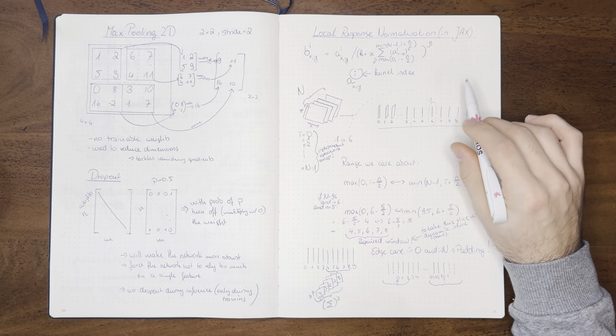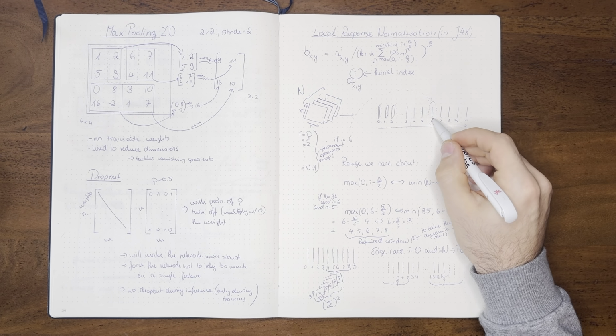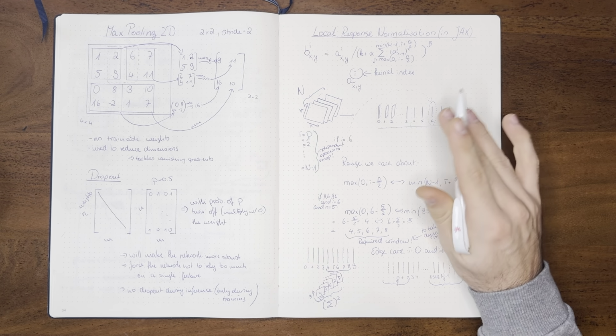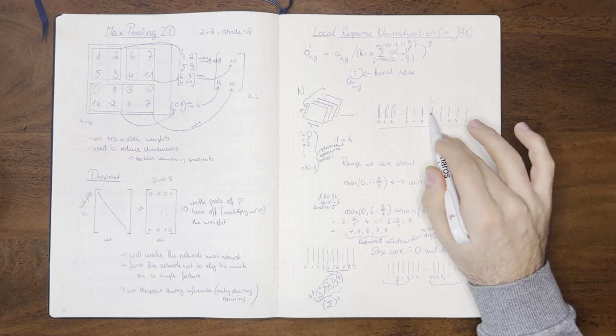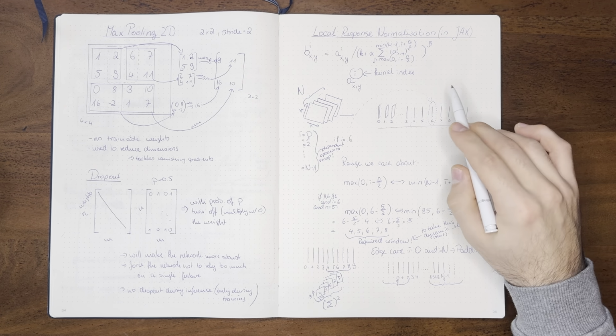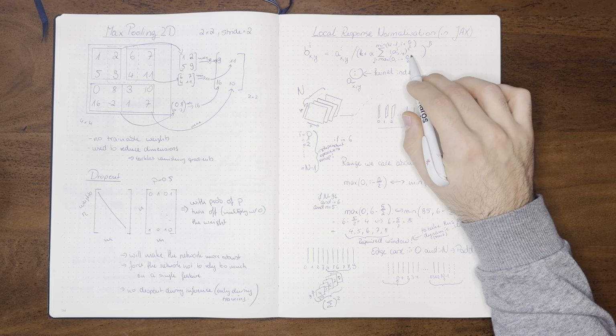And to quickly reiterate, the thing that we're trying to do is to look at a specific kernel, and if the neighbors of this kernel have high values, then we want to make this kernel smaller. And when I say neighbors, then this is what I mean.